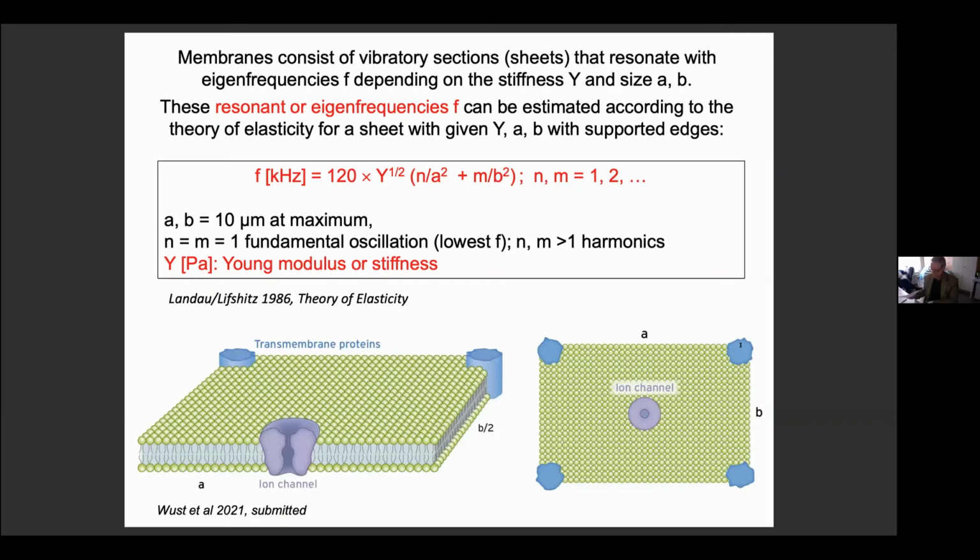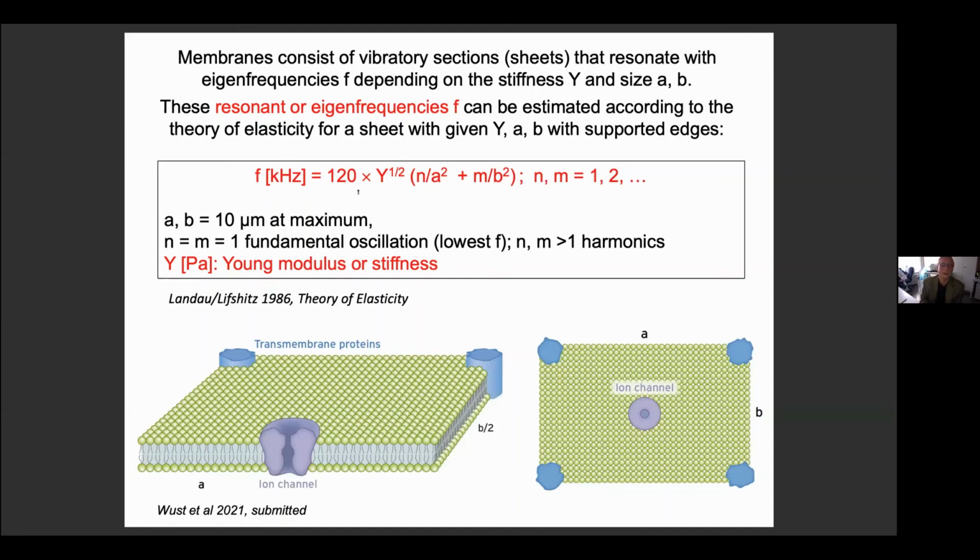And the physical background, so if we look for theory of elasticity, this is a physical background, we can calculate the resonant frequency of such a section.